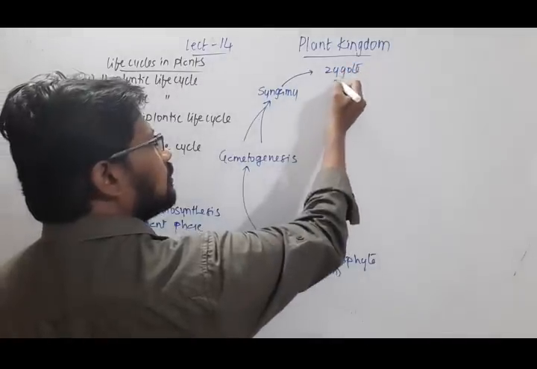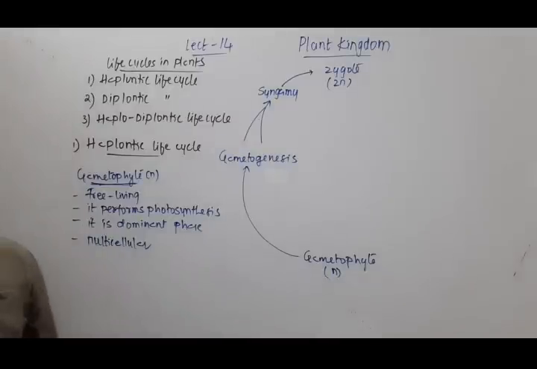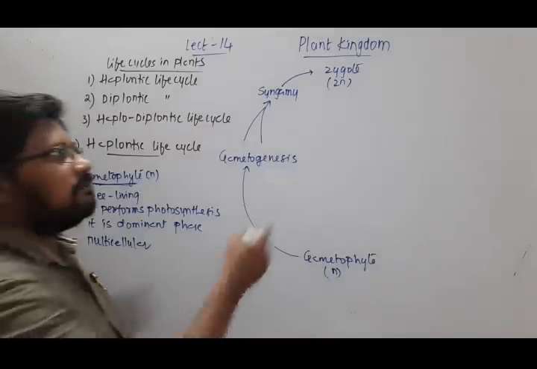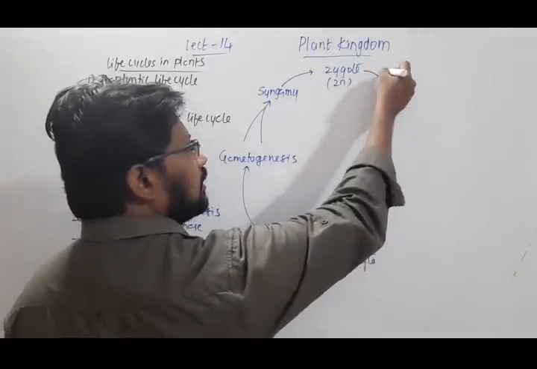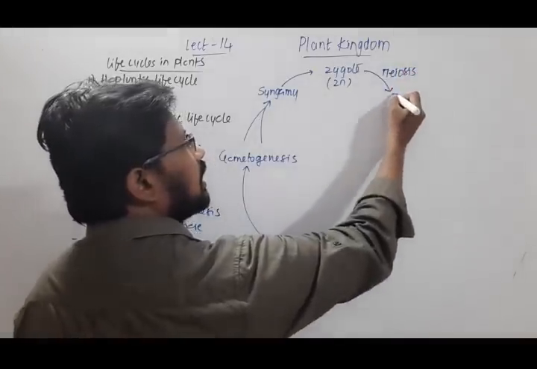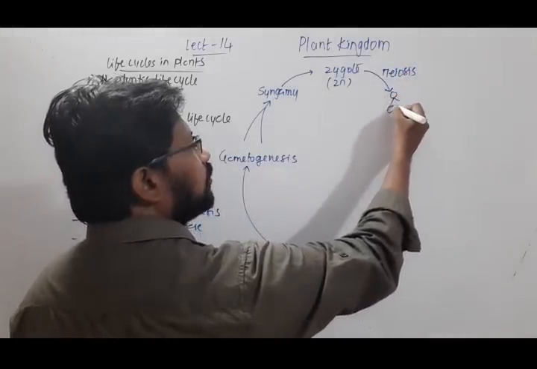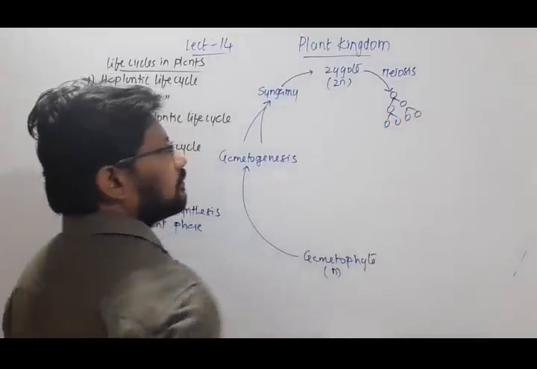This zygote is diploid, and it immediately, without taking time, undergoes meiosis and produces spores.